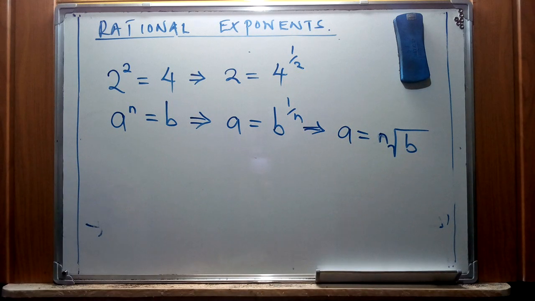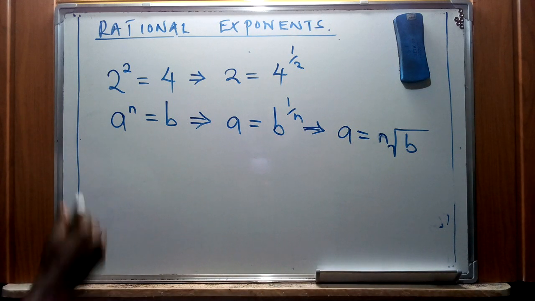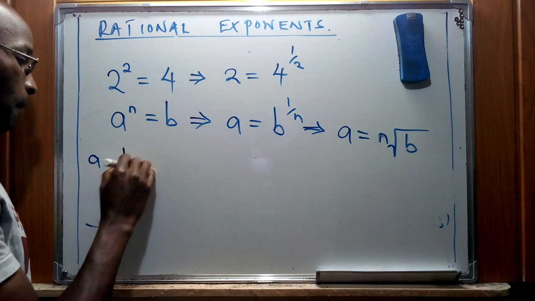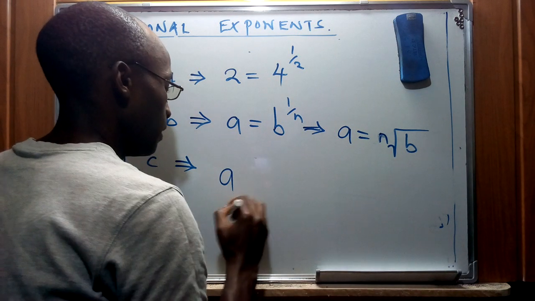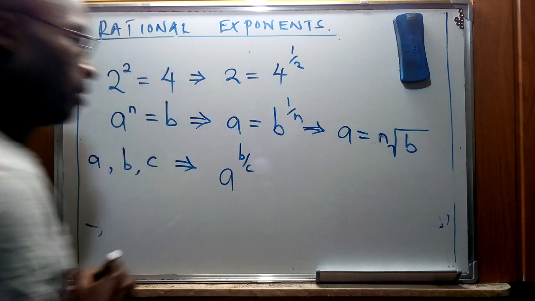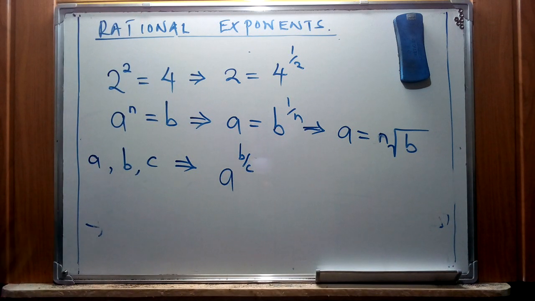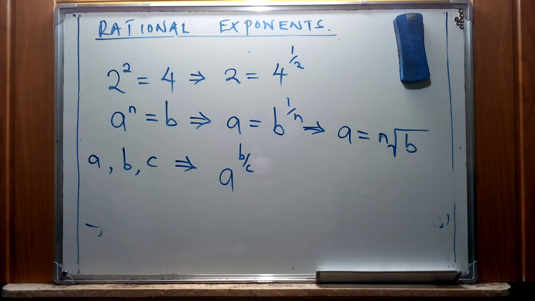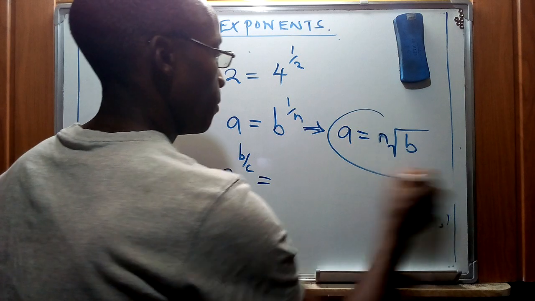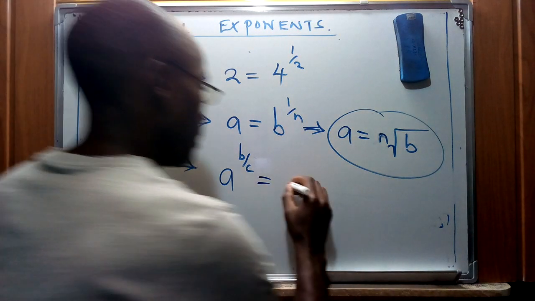If the numbers that we're using for a, b, and c are integers, then we can conclude that a to the power b over c, which is a rational exponent, I hope we know the concept of rational numbers from the previous video on different types of numbers, whole numbers, rational numbers, irrational numbers, etc. So this gives us a raised to b over c, where the power is a fraction. This can also be represented in this other form, as the cth root of a to the power b.